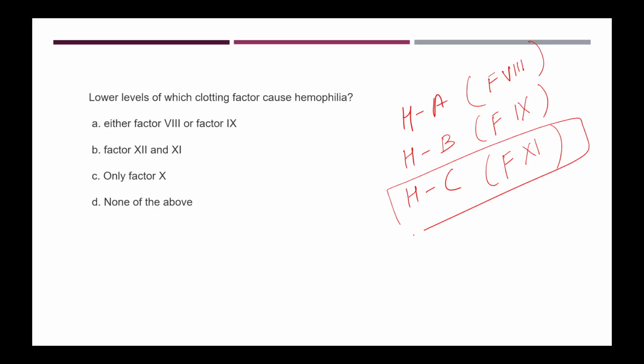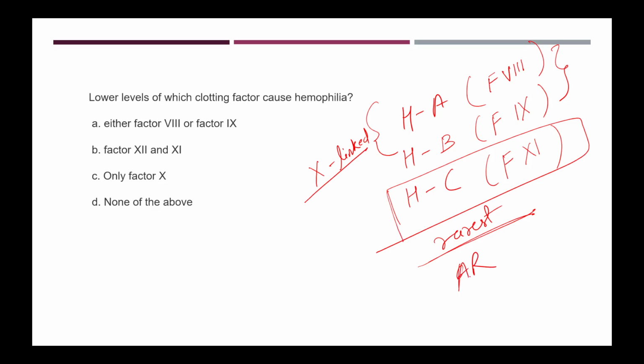This one is the rarest form. These two are X-linked diseases. However, hemophilia C is autosomal recessive, and it is one of the rarest types of hemophilia.